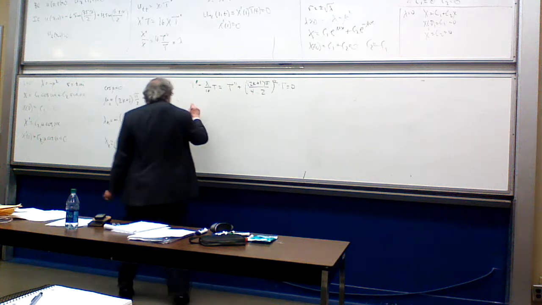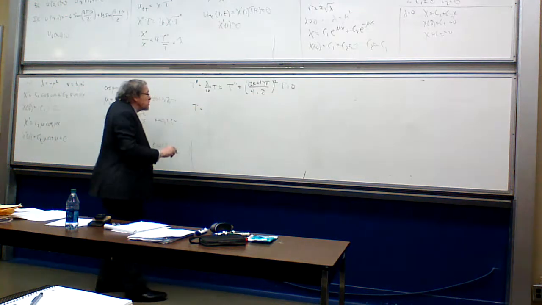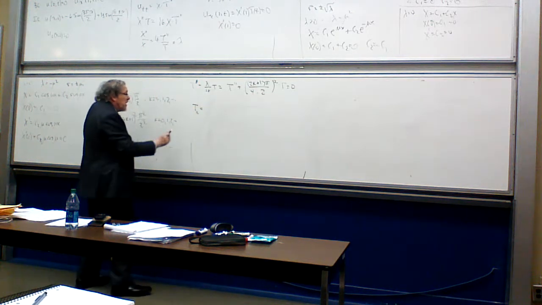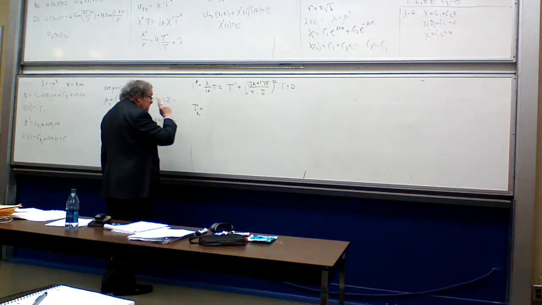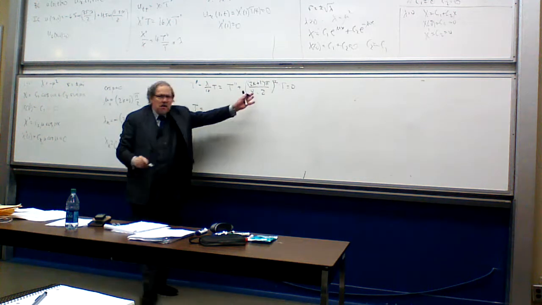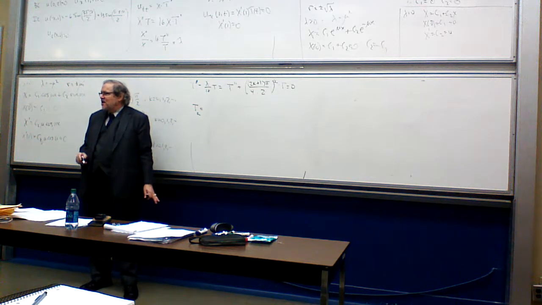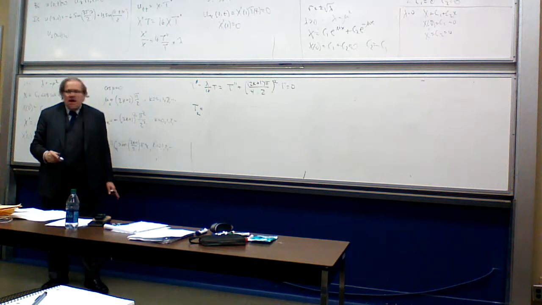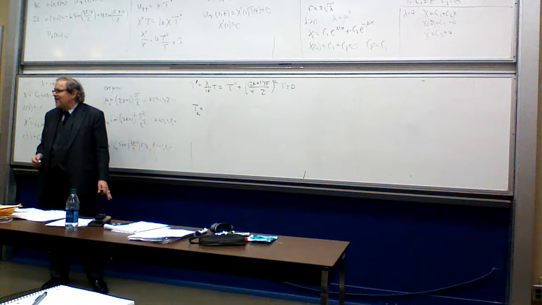And so I can write down the solution for this, for each value of k. The solution to this is sines and cosines of T times that ugly thing inside the square.